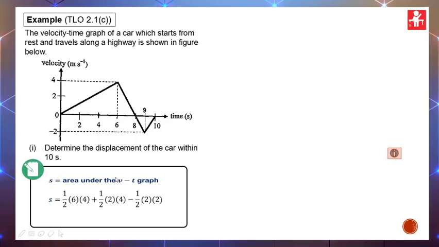So, you calculate the area above the x-axis and the area below the x-axis, and since the question asks for the displacement, don't forget to put the negative over here to indicate it is turning back. So, the displacement is 14 meters.